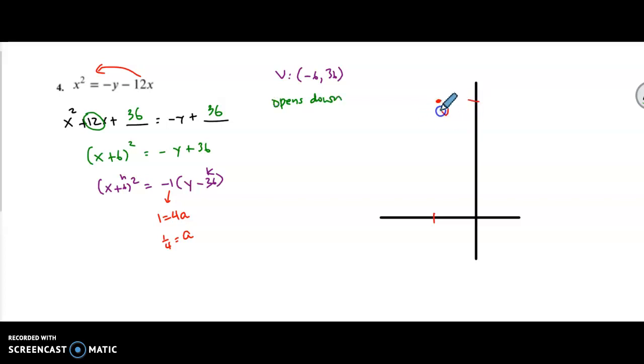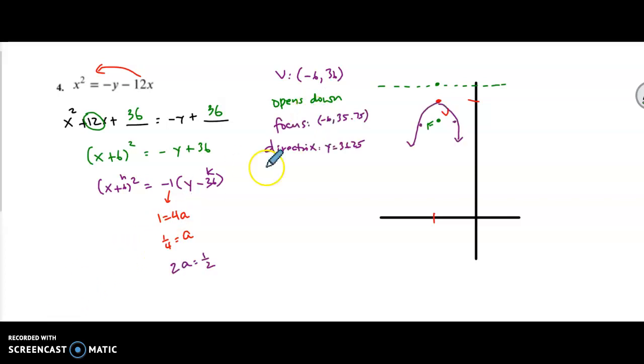Which means your focus is going to be right underneath this vertex. Right here, that's going to be the focus, and the directrix is above it. So at this line right here. Now, since the a value was only 1/4 or 0.25, that means that my focus and directrix points are here. It opens down, and it goes this way.